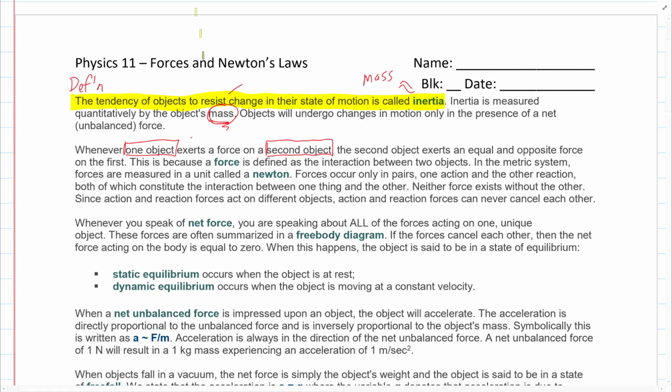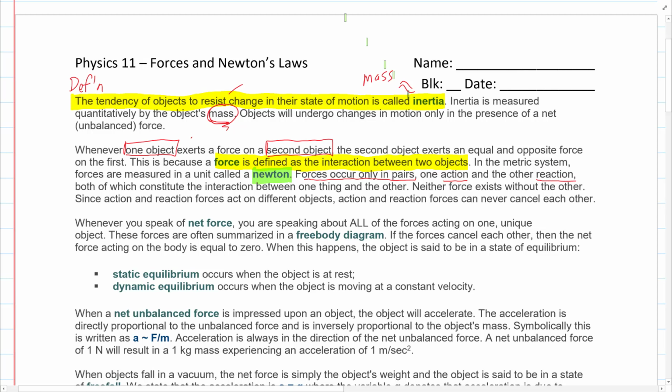Ooh, there's another definition right there. Force is defined as the interaction between two objects. In the metric system, forces are measured in the unit called newtons. There's a unit there. And forces only occur in pairs. Ooh, important. They only occur in pairs. And one is called the action, and the other is called the reaction.